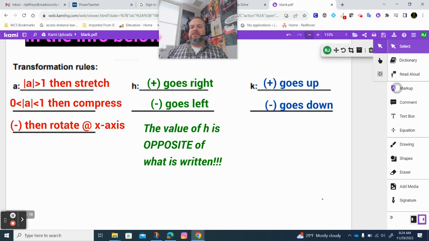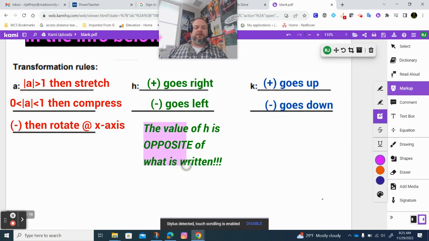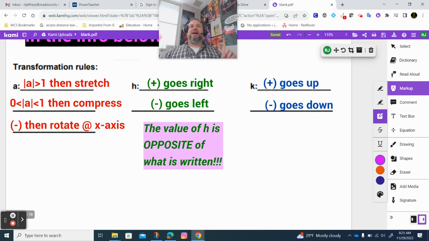That is super important. I cannot stress how important that is. Very, very important.